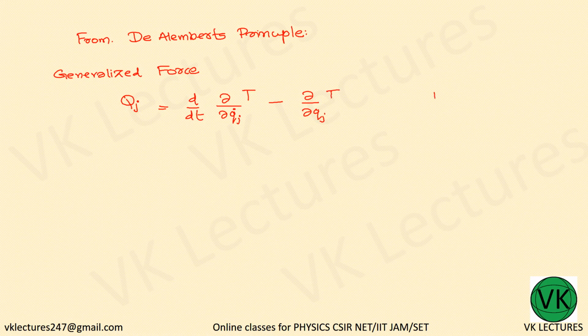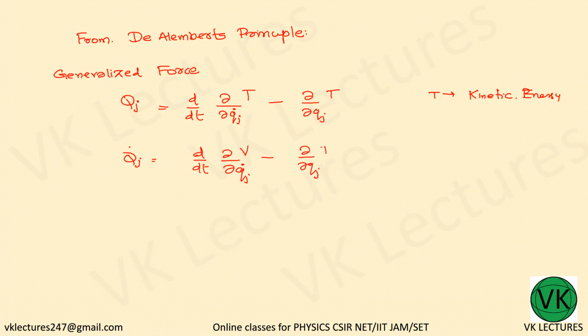What is T? T is kinetic energy, and similarly in terms of the potential energy we get Qj equal to d by dt of dou V by dou Qj dot minus dou V by dou Qj.